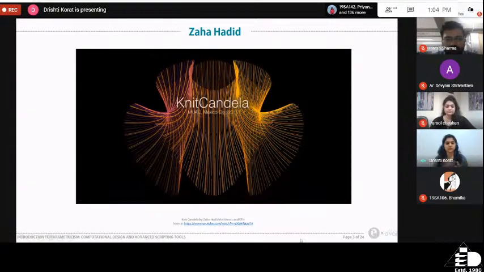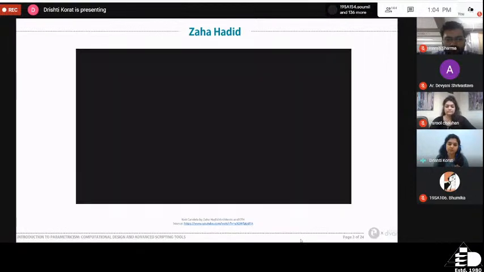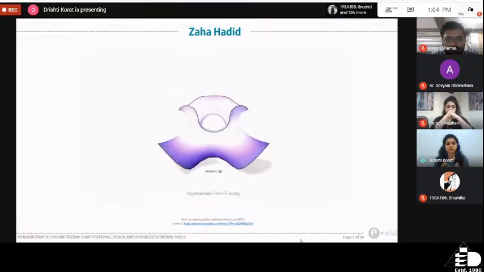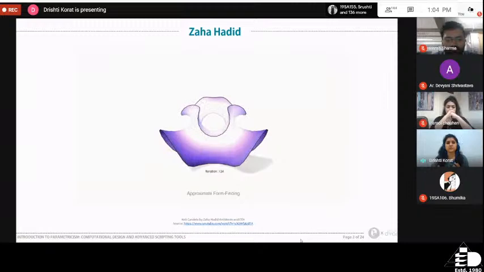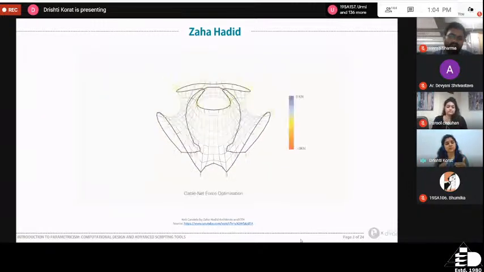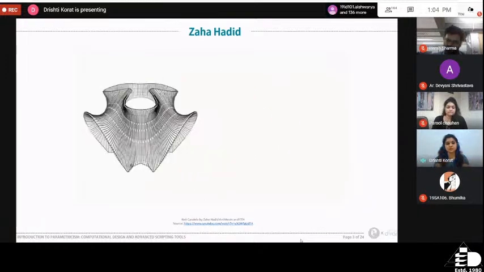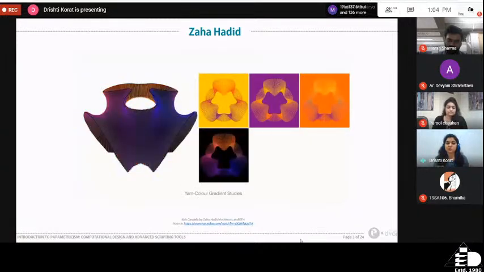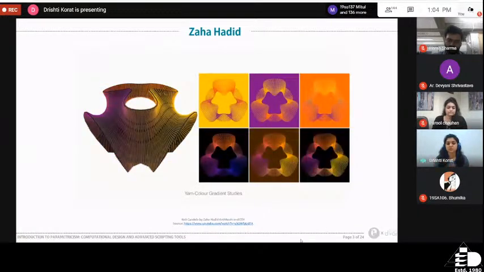For example, you can see here, it's called Knit Candela, and this was a pavilion. Here they're trying to develop different forms and different variations in the curvature of the boundary, and then that form was converted into a mesh or a grid system, and then it was analyzed. Different variations were analyzed for stress and for structural stability.